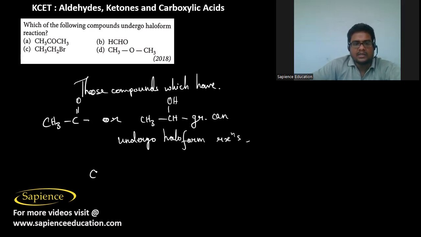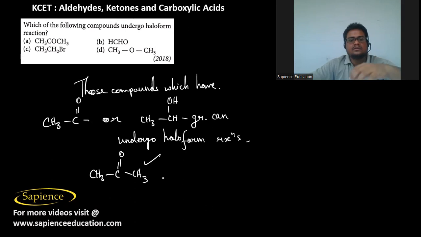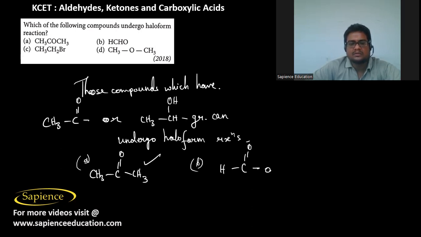So now in option A, it has got CH3COCH3, so it is acetone. So hence it has the CH3CO group, so it will give haloform reaction. In case of option B, it is HCHO, so it is not having the CH3CO group, so it will not give haloform reaction.